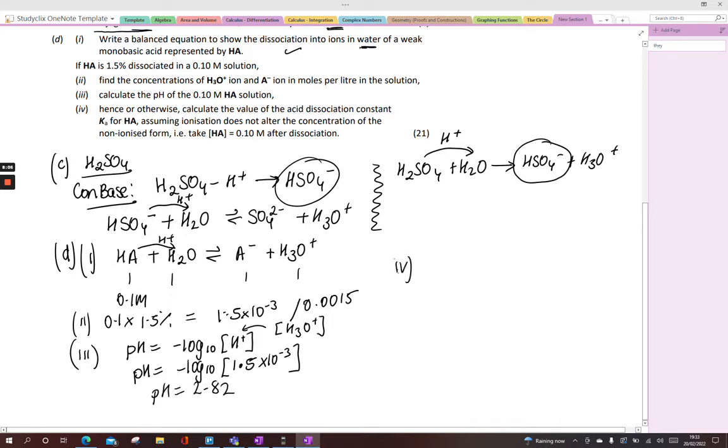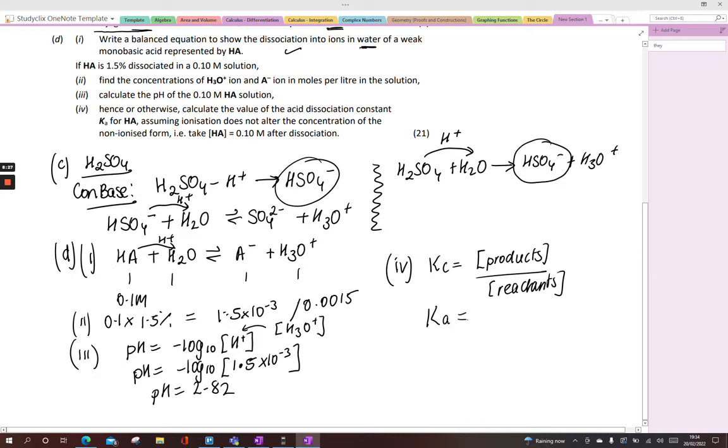And the last thing here, hence or otherwise calculate the value of the acid dissociation constant Ka. So Ka, like our equilibrium constants, it's the products over reactants in moles per litre. That's what the square brackets mean, in moles per litre.